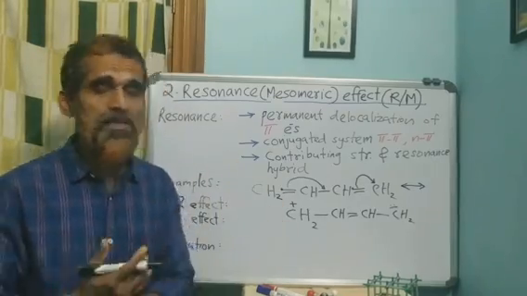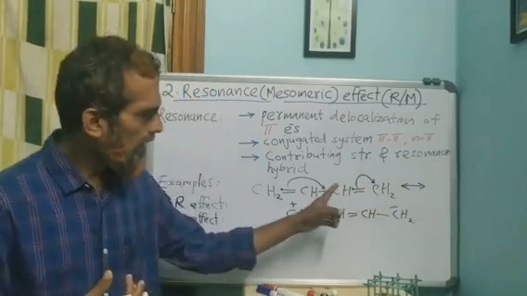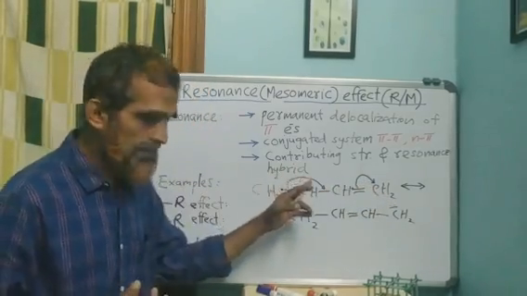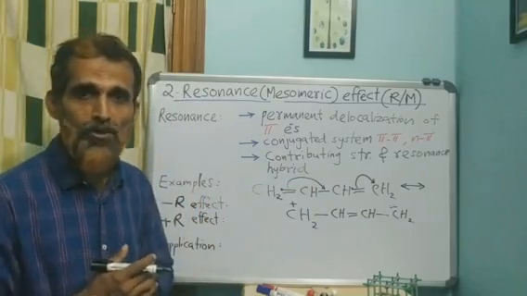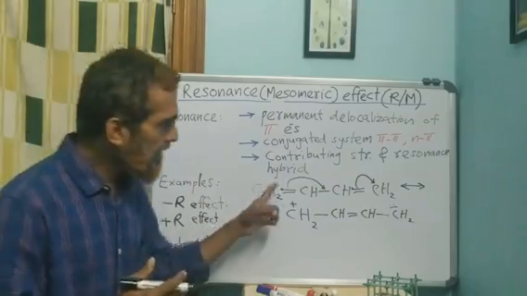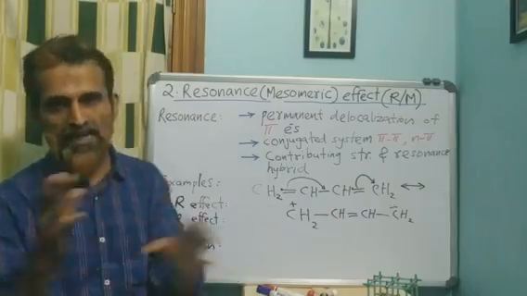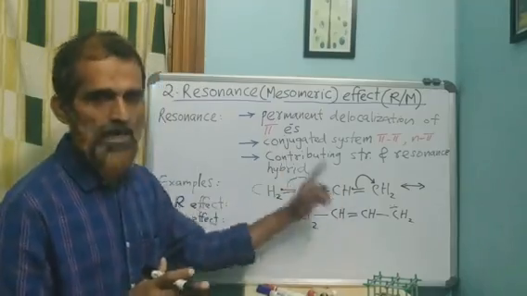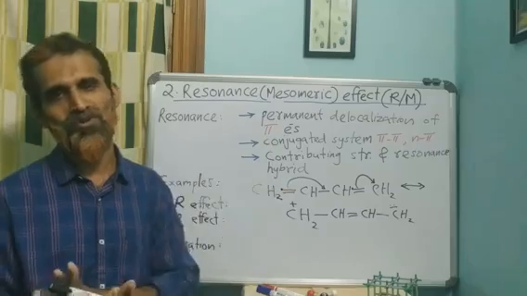See, another notion regarding resonance is that it is not that there are two different forms of butadiene. It is not so. Like this is one structure at one point of time and it changes into the other. It is shuttling. Interconversion of the two structures, like in equilibrium. No, it is not so.